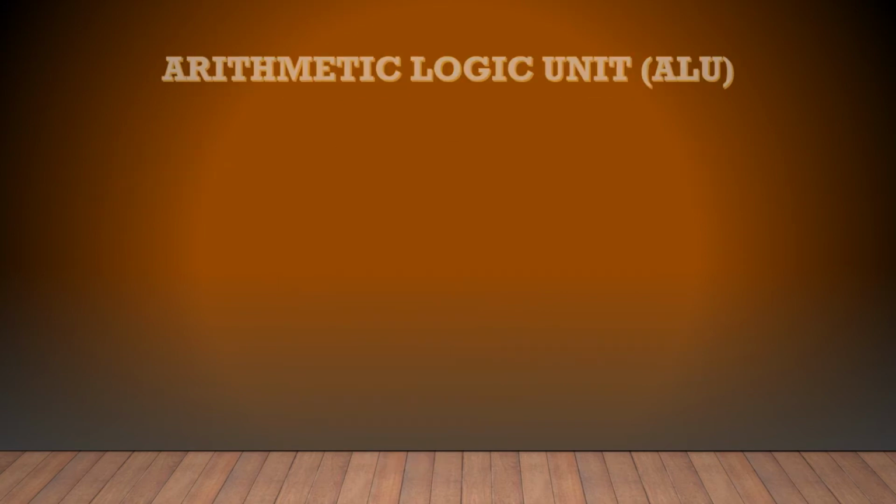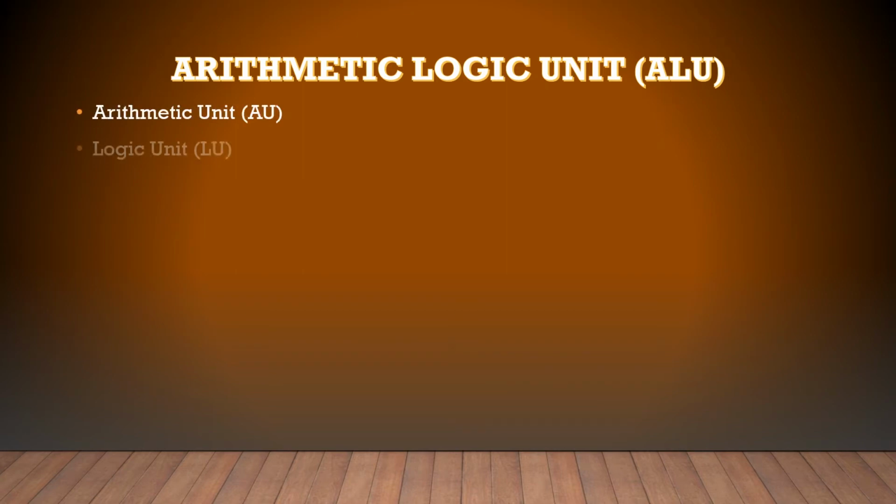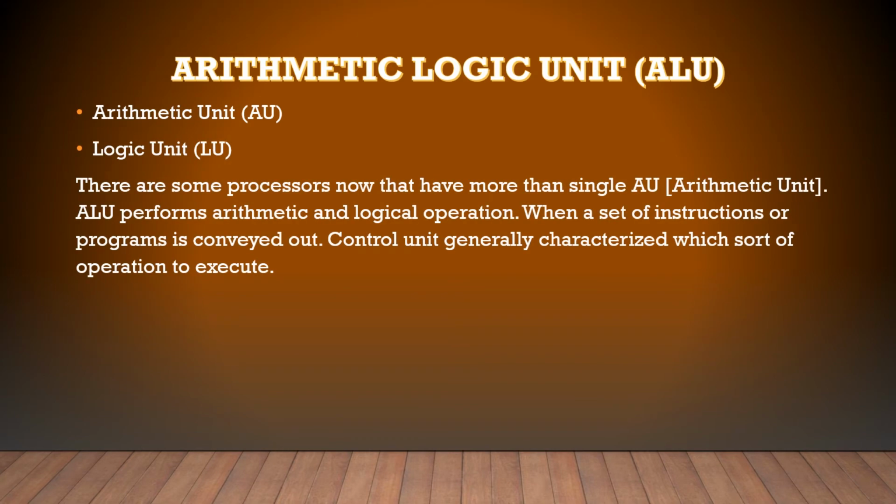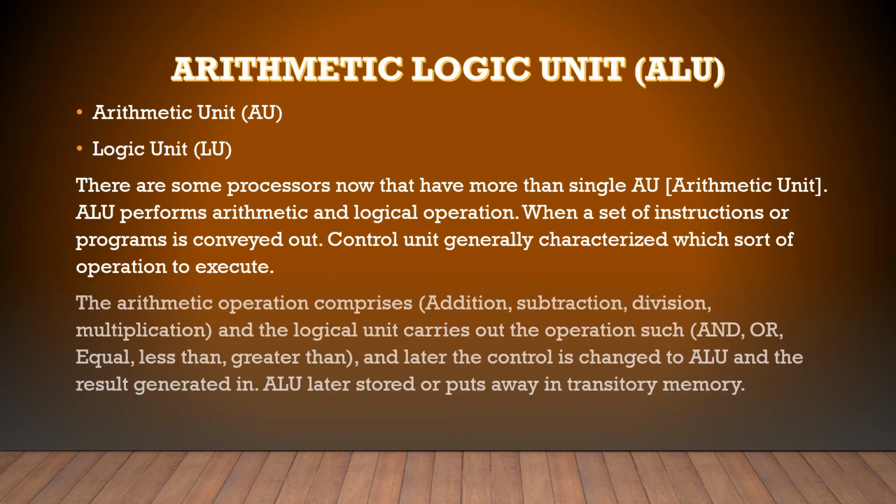Arithmetic logic unit, ALU: arithmetic unit AU, logic unit LU. There are some processors now that have more than a single arithmetic unit. ALU performs arithmetic and logical operations when a set of instructions or a program is carried out. The control unit generally determines which sort of operation to execute.